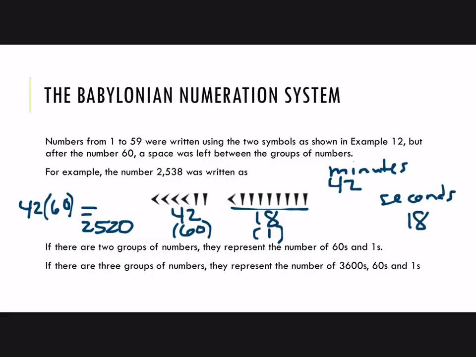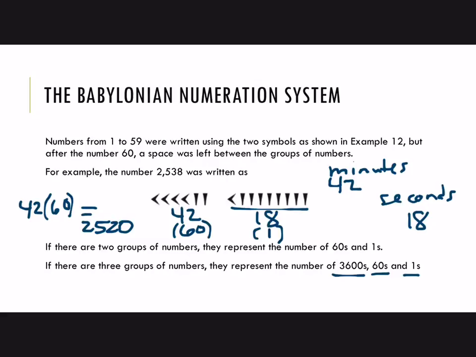Now we can expand on this idea, and if we see three groups of numbers, they would represent groups of 3,600, 60, and 1. Why 3,600? Well, that would be similar to hours. How many minutes are in an hour? 60.